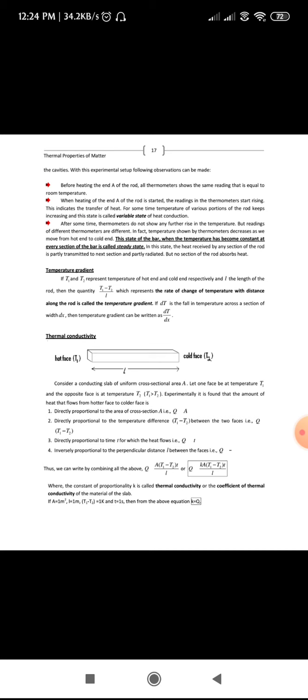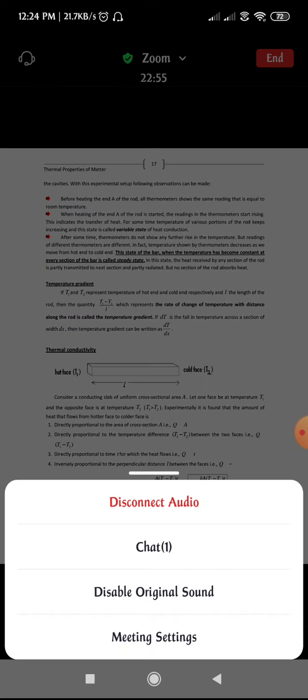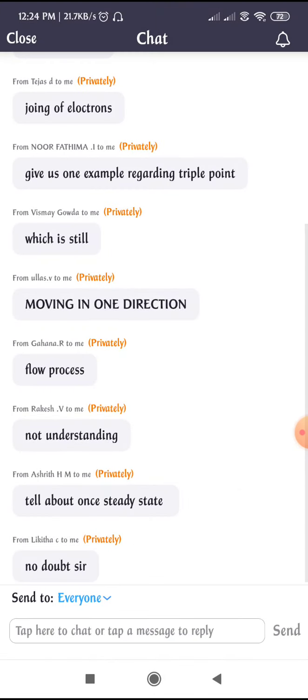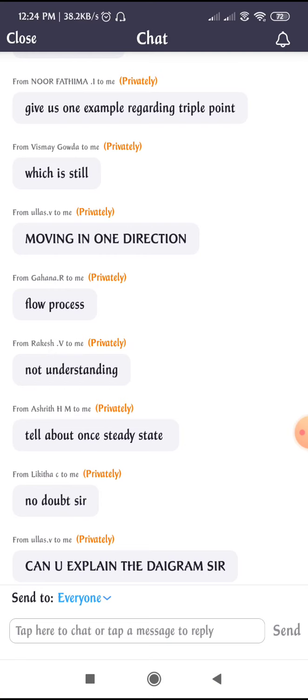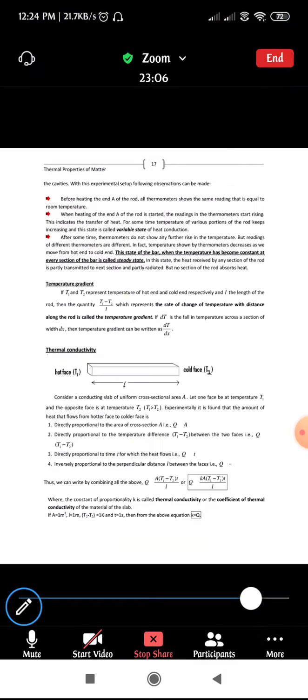Yes, any doubts? So any doubts, please do ask. Yes, Ashrit, tell about the steady state. Ullas, can you explain the diagram, sir? Rakesh, not understanding. Okay, fine.